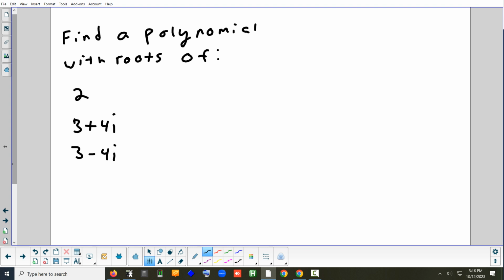Now, once we know the roots, what's the first step towards figuring out the polynomial? We take all the roots and turn them into factors. So now we're going to figure out all the factors that would make up the polynomial we're trying to find. If 2 is a root, what would be the factor that would have given you 2 as a root? X minus 2. Right.